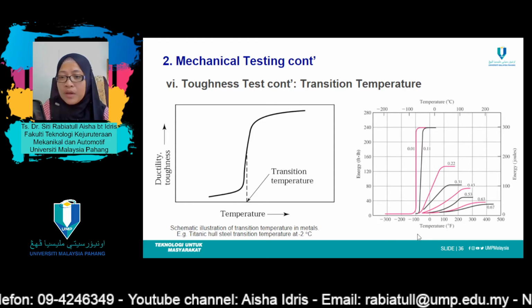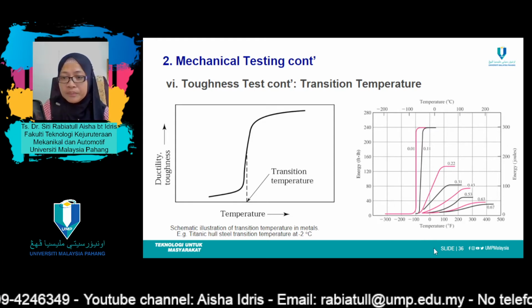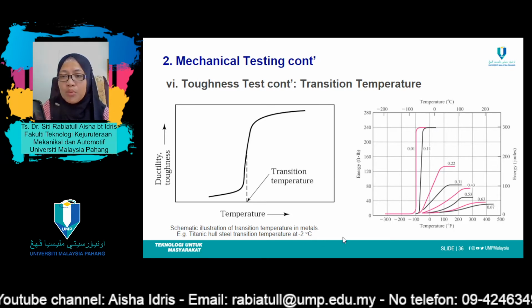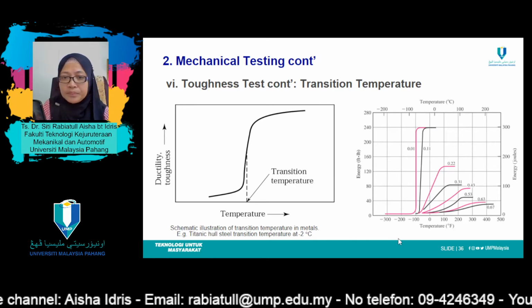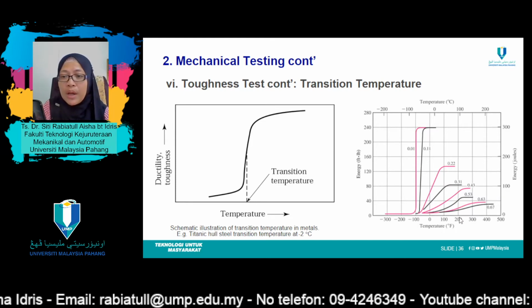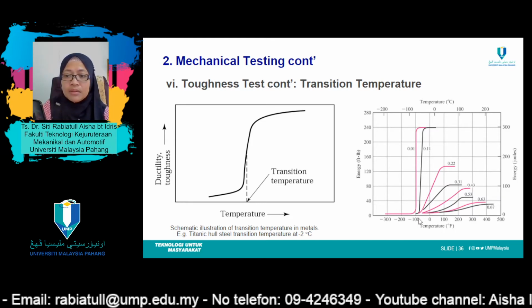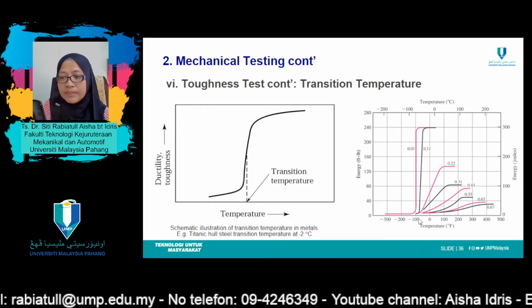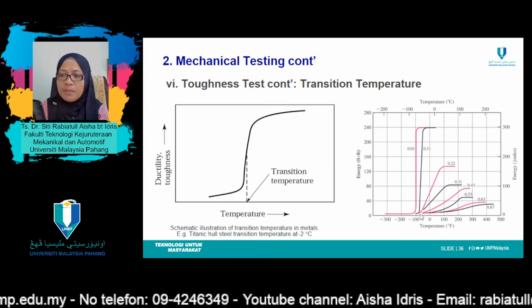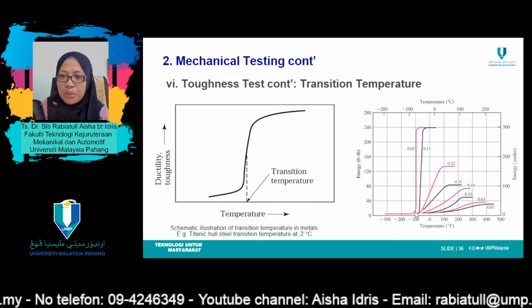So if you refer to this graph over here, the sudden drop at negative 2 degrees C will affect the ductility and toughness of the materials.